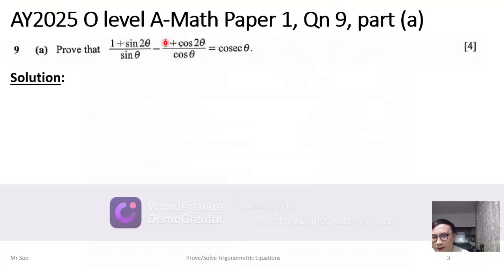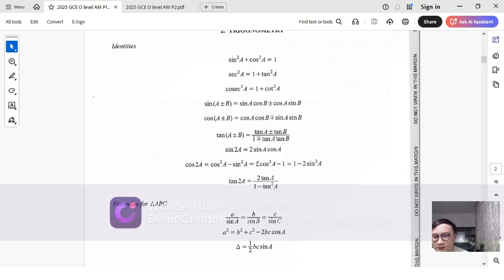So how do you get 1 plus cosine 2 theta? It is the second one: cosine 2 theta equals 2 cosine squared theta minus 1, because if I move this minus 1 to this side, it is the same as adding 1 to both sides. So 2 cosine squared A minus 1 plus 1.